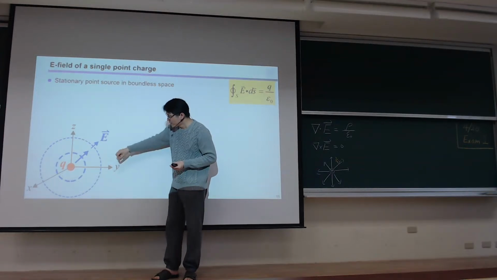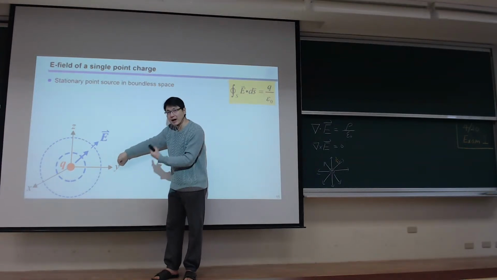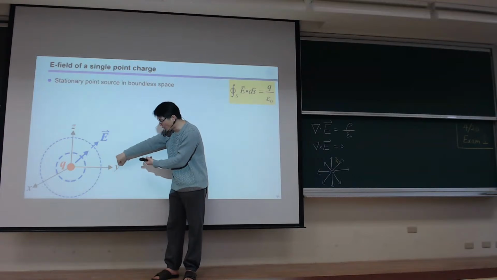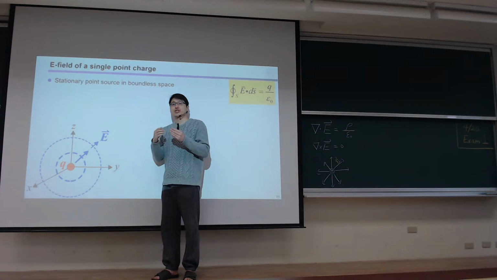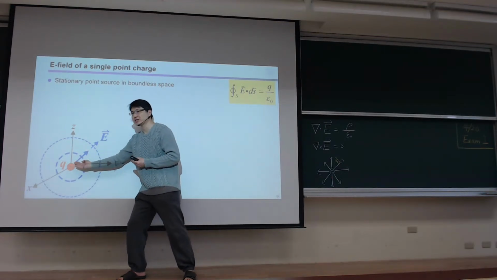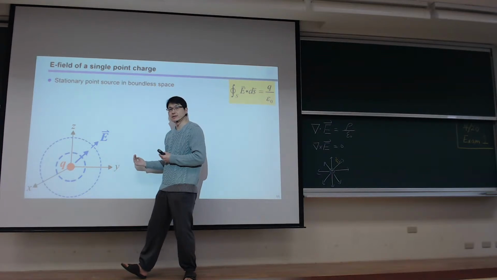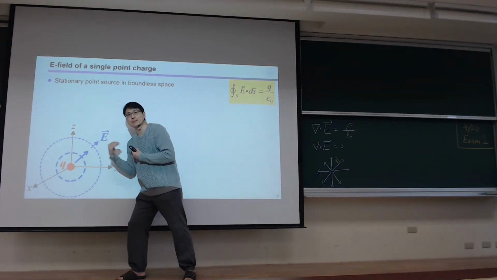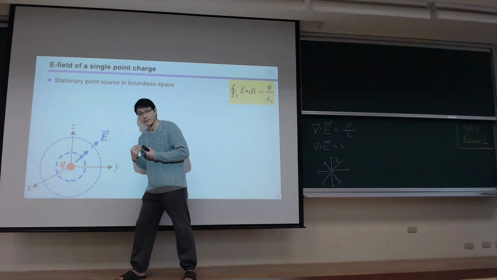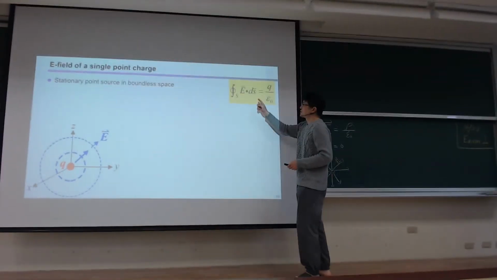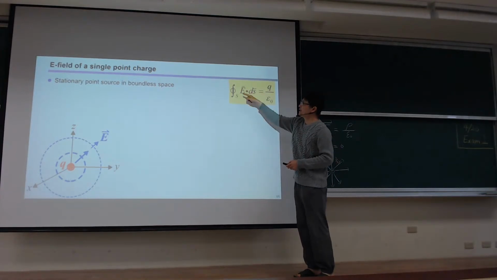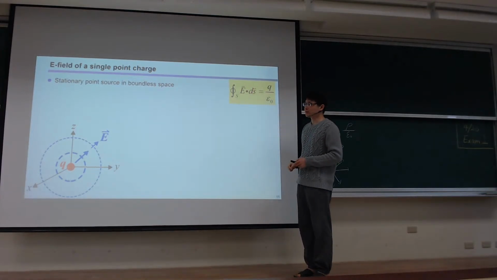So for a given point, like my eyes, the field strength would certainly change as a function of the distance from myself to the point charge. All right? Okay, so now we know the meaning of this equation in integral form.